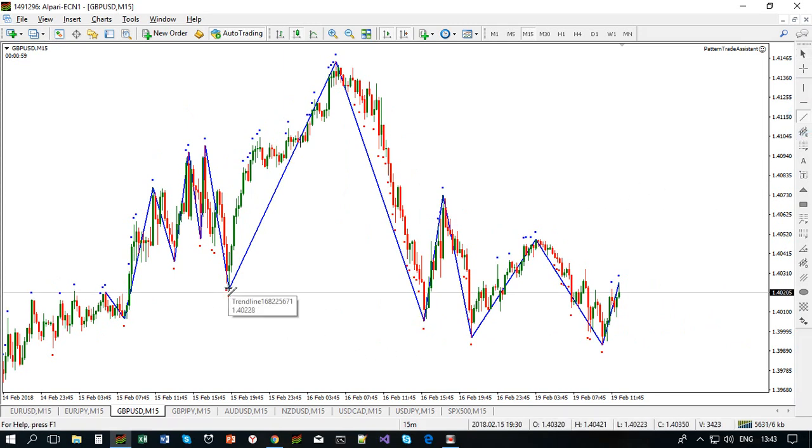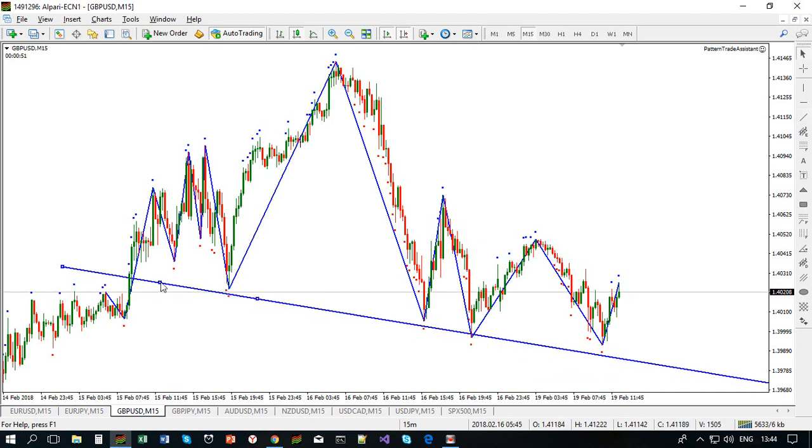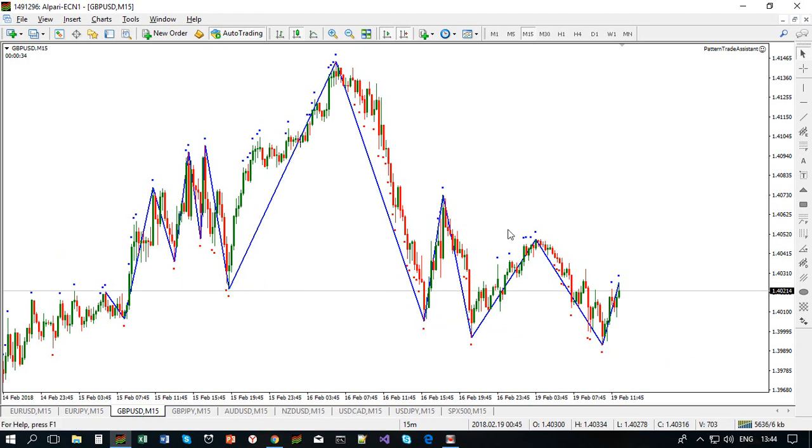But there are some differences in identification of the break line. First of all, the neckline can be drawn as a trend line connecting the lows of the so-called armpits, left armpit, right armpit. So you can see this, and right now the head and shoulders is not yet broken if you trade the patterns this way. But I am trading them a bit differently.